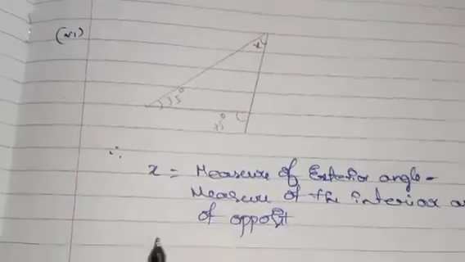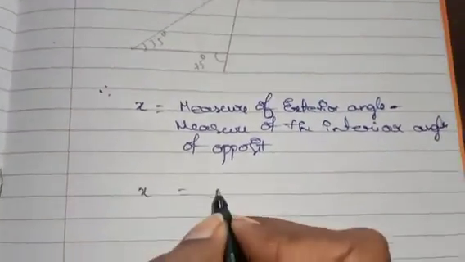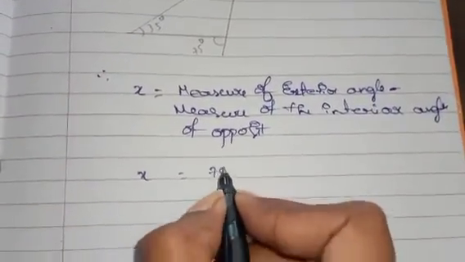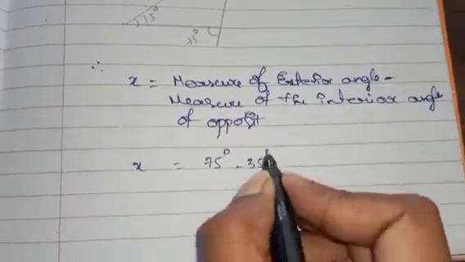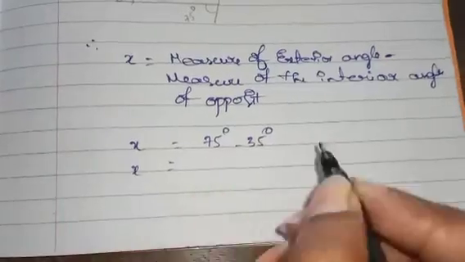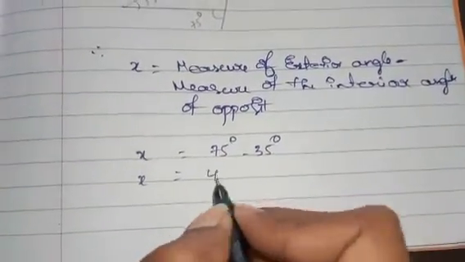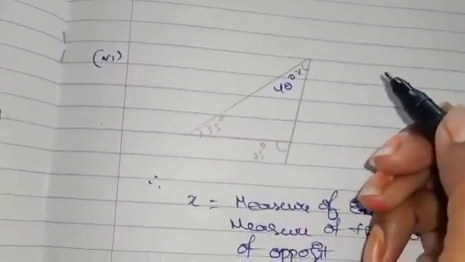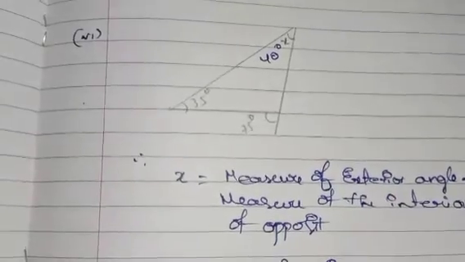Now x is equal to, the exterior angle here is 75 degrees and the interior angle is 35 degrees. Subtracting, we get 40 degrees. So the interior angle here is 40 degrees. Okay, thank you students.